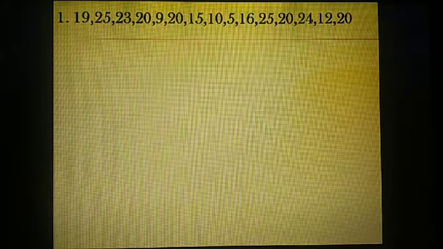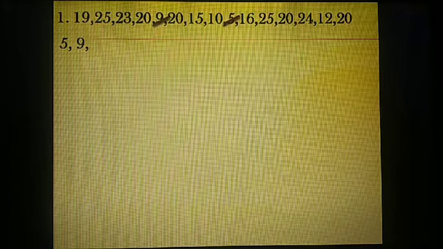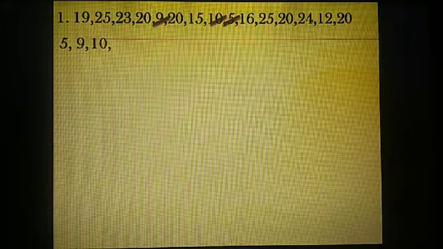Now the smallest one is 5, next 9. So while entering it in a list, mark a cross in the given list, so that later on you will not get confused about which data you have already entered in the list and which one is left. Now the next one is 10, next 12, next 15, next 16, next 19.